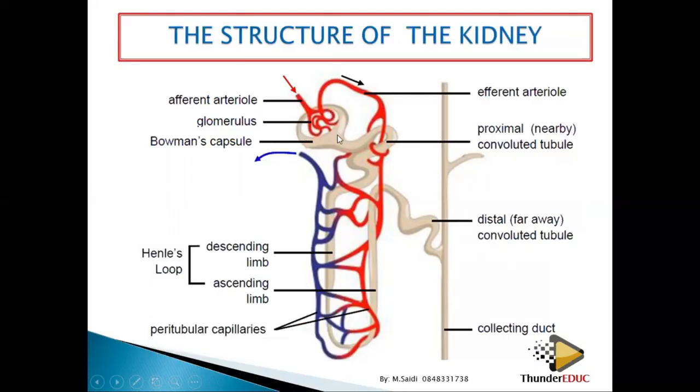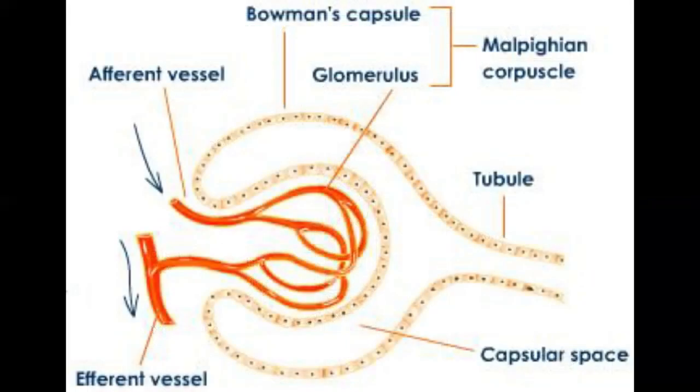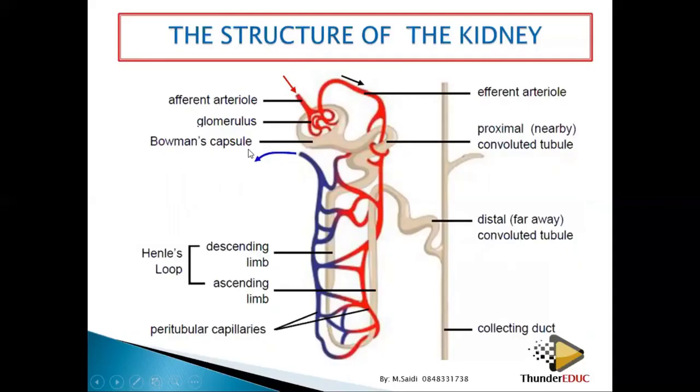Those branches form what is called a glomerulus, where filtration occurs. Then the outside part of the glomerulus is what is called the Bowman's capsule. It's like a cup just to hold, to bring about this filtration to happen. So when filtration occurs, it goes into the glomerular space, the capsular space, or the Bowman's capsule.